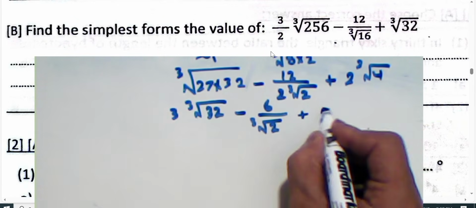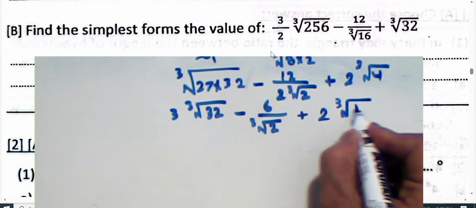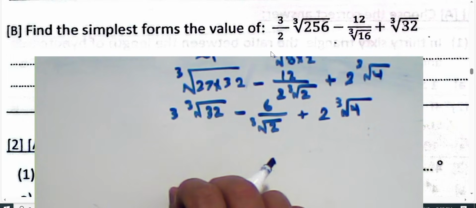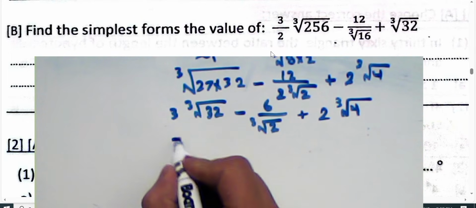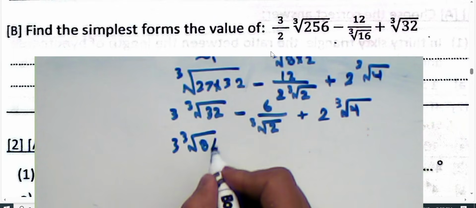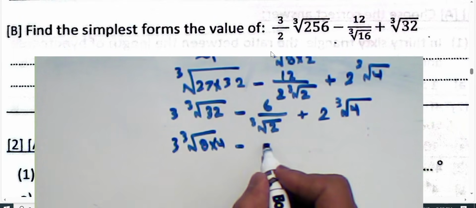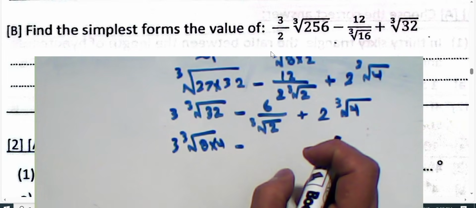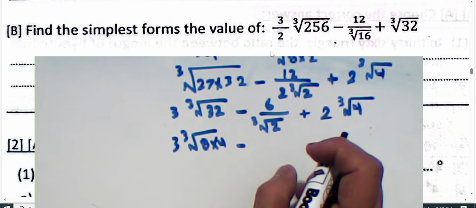And then plus 2 product by cubic root of 4. Cubic root of 32. We can write 32 here equals 8 times 4. Right, 3 product by cubic root of 8 product by 4. Subtract by, we can find the answer 6 over cubic root of 2 by product numerator and denominator by cubic root of 2. Okay?